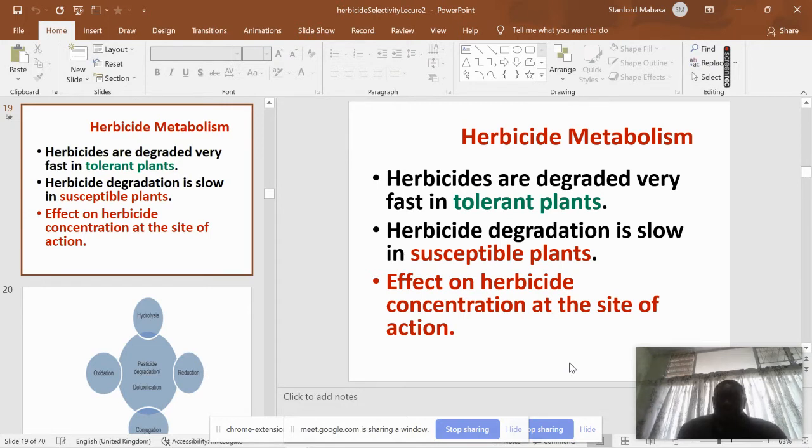If the degradation is slow, then we'll have susceptible plants. So what we can say is that in crops, the degradation is very fast. In weeds, the degradation is very slow. Now, herbicide degradation, or how the herbicide is destroyed within the plant, will influence its concentration at the site of action. The site of action could actually be the enzyme.